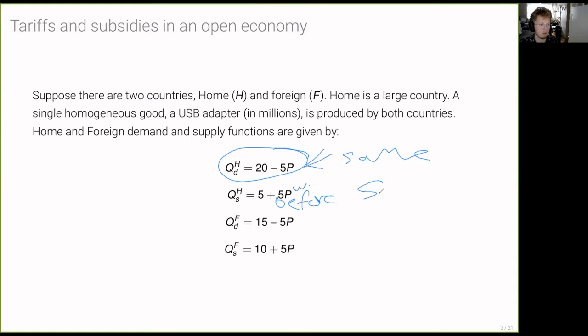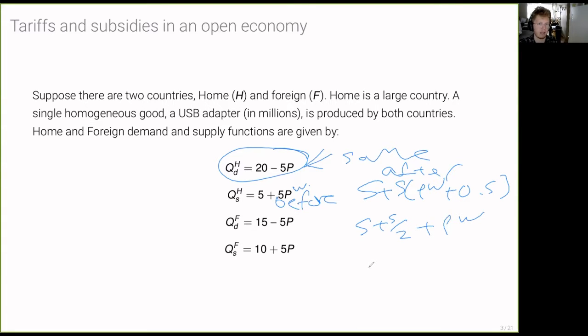Now they'll receive 5 plus 5 times whatever the world price is, plus 0.05. And so now, afterwards, they'll receive 5 plus 5 over 2 plus the world price.